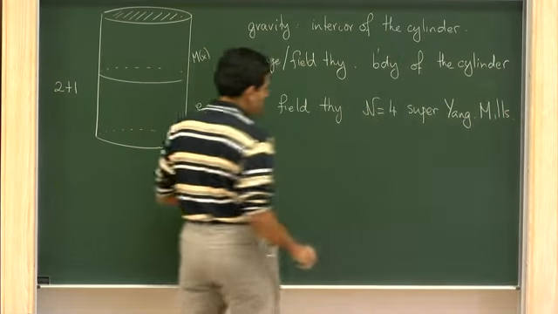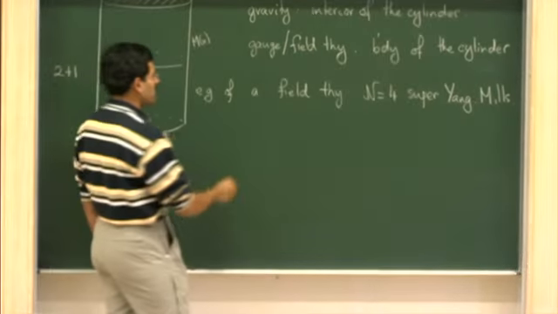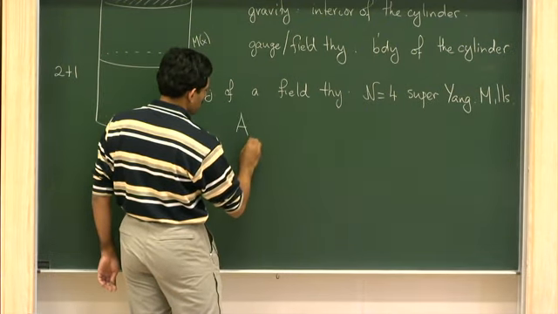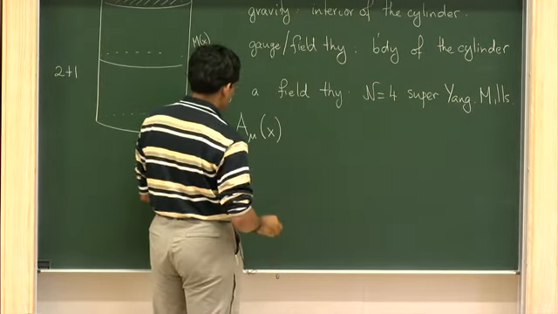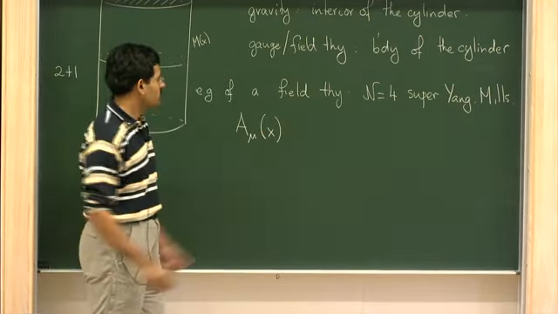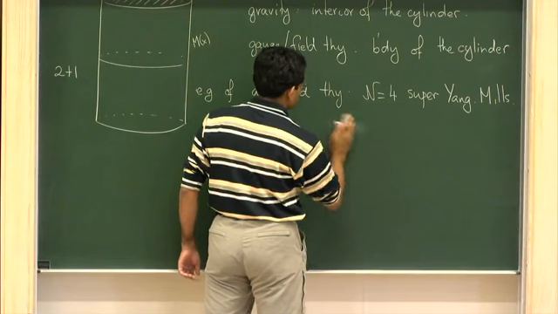It's called N=4 super Yang-Mills, but it's more useful for me to tell you what the variables are for this theory. I have matrices A_mu of x. There are 4 such matrices, so mu runs from 1 to 4.